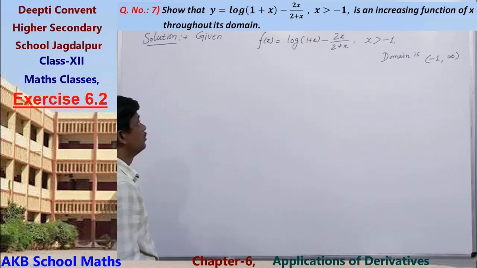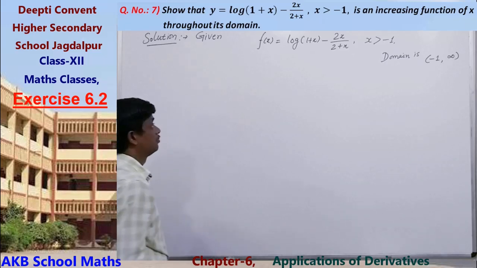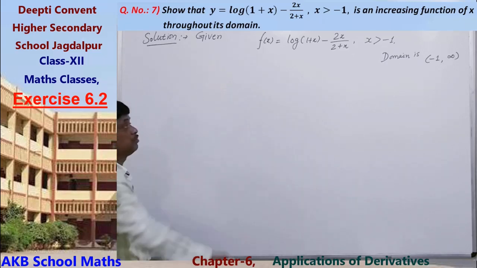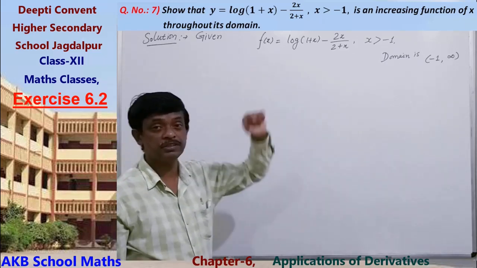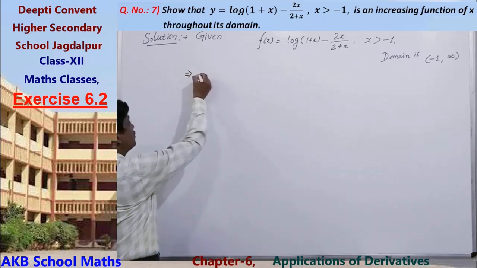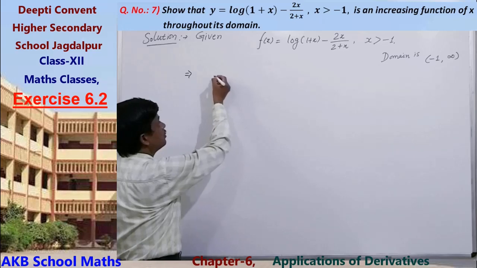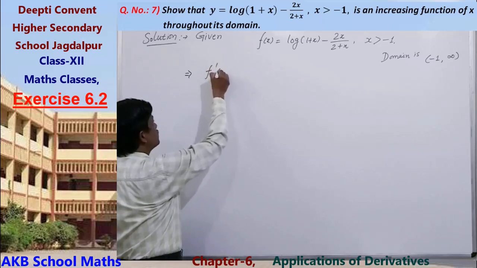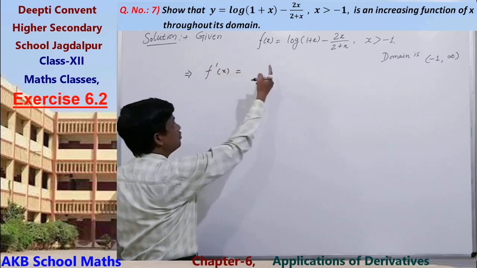Okay. So as usual, first we have to find the derivative of this function. Find f dash x, differentiating with respect to x.